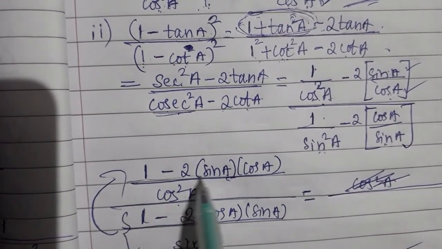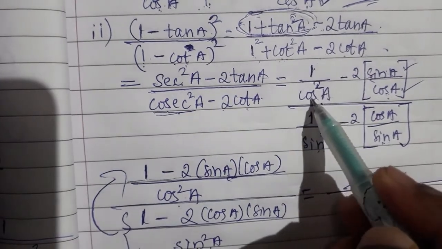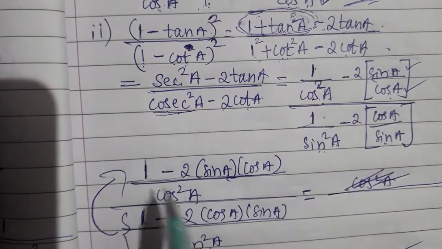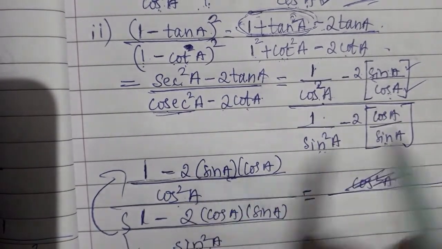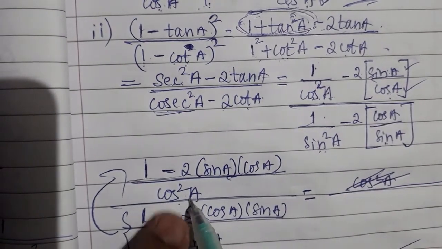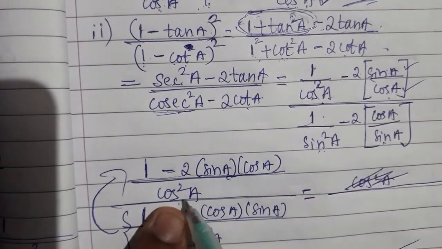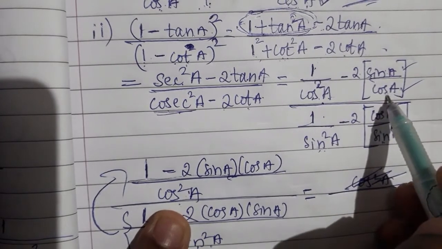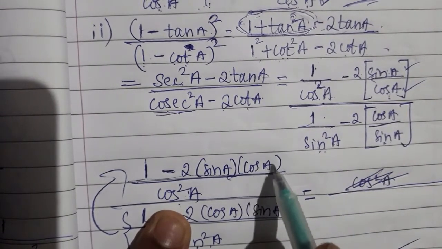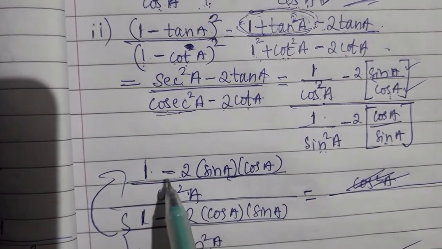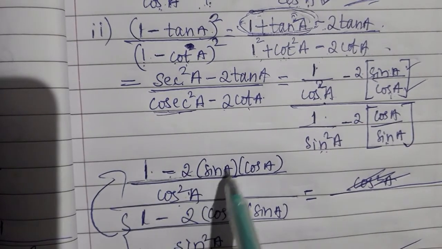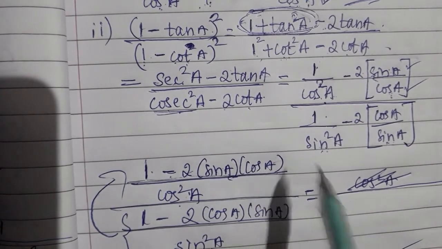Cos²A, draw a line. Now above the LCM you will have the same 1 minus 2 as it is. Now LCM should be divided by the denominator. When cos²A is divided by cos A, you will get cos A. So that cos A you multiply to the numerator. Therefore you will get 1 minus 2 into sin A into cos A.